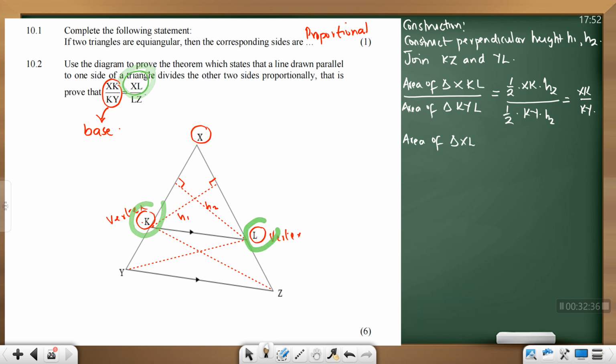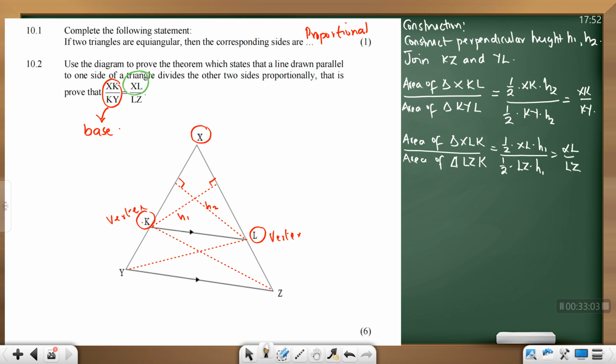Area of what? XLK over area of, what is the base you are given? Look at the denominator. Triangle what? LZ, repeat the letter. K, very simple. It must contain half. What's the base? XL, H1. Half, LZ.